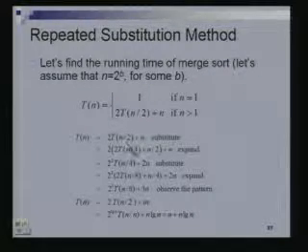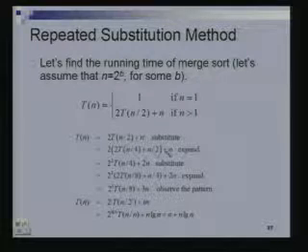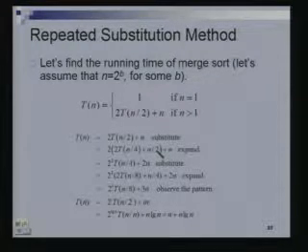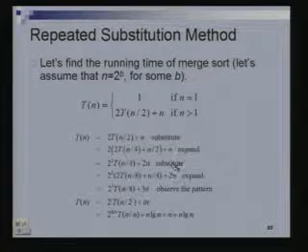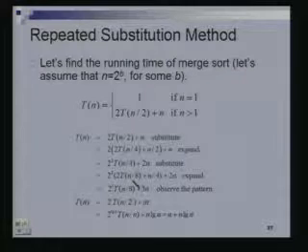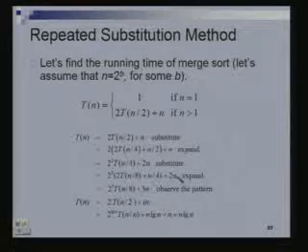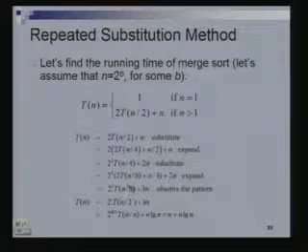So, this half is coming in here, and this n, whatever is written here, comes again here, plus n, and now I just expand this, which means I write it as 2 square t of n by 4 plus 2 n. Once again I substitute for t of n by 4 and I expand to get this.